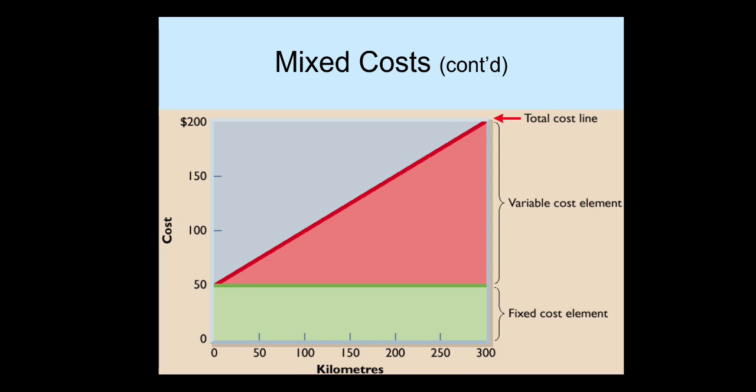So for this item, the fixed component is $50 maybe per month, and maybe the item is a motor vehicle or something. So every kilometer used, the cost is $1, or maybe 50 cents. I'm not sure. So you can see here, when you plot the graph for the mixed cost, the graph will show a fixed component and also the variable component.